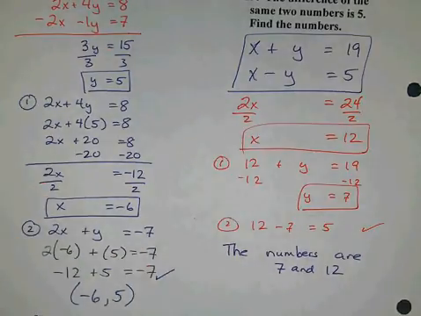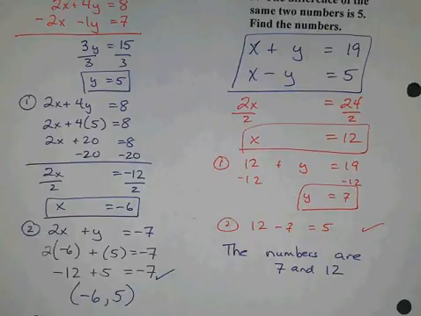Do I have to put the 12 first? It's the X. Does it make a lick of difference? No, because we're answering a question. It's like saying, what are the colors? Pink and blue. You don't have to say pink first. You don't have to say blue first. You're just saying, Grace, these are the numbers. All right, so that's an illustration of what we're going to do when we have a word problem.